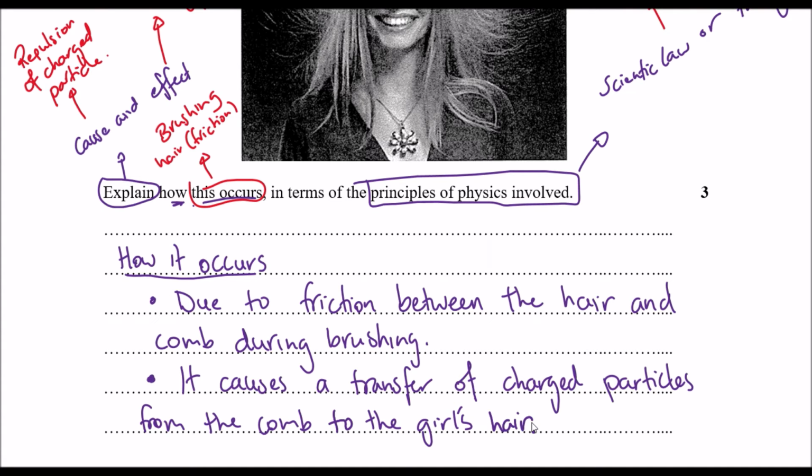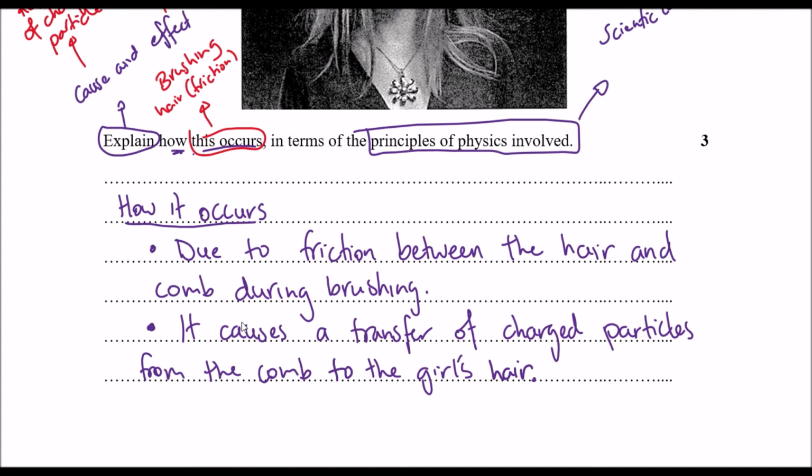You could also say from the girl's hair to the comb, it doesn't really matter. So that's the how of how it worked, and now we can look at the consequence.